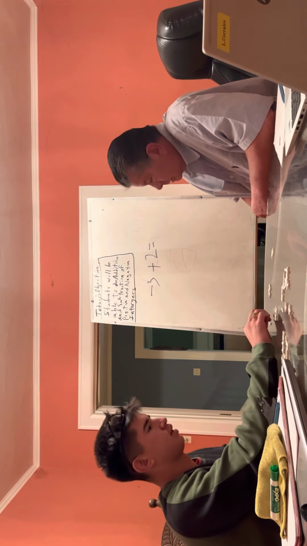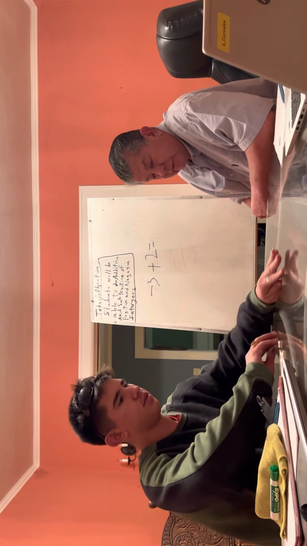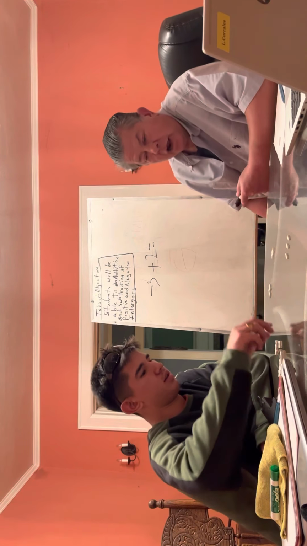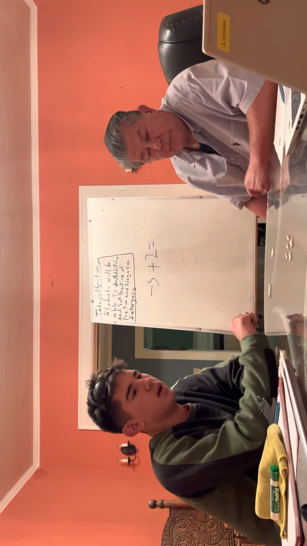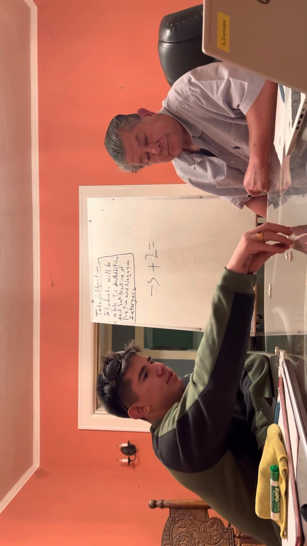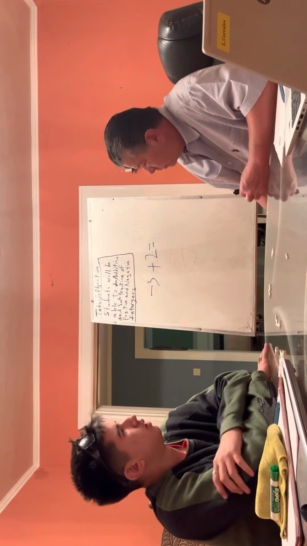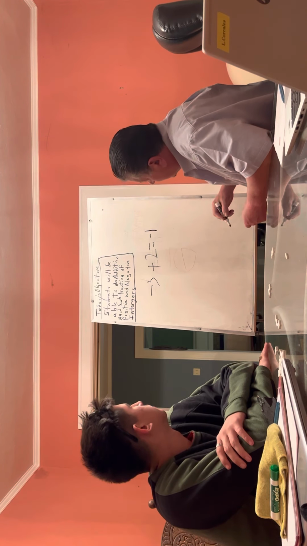So we got -3, 3 negatives, right? And then 2 positives. And then these 2 cancel each other out, and we're left with 1 negative. Yes, Mr. Gross. All right, excellent, you got it, David.